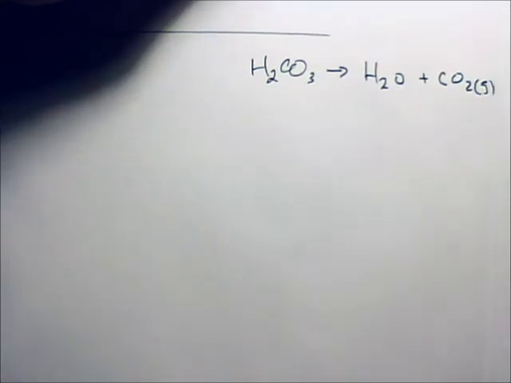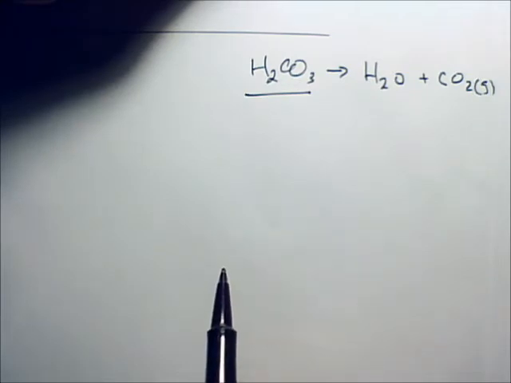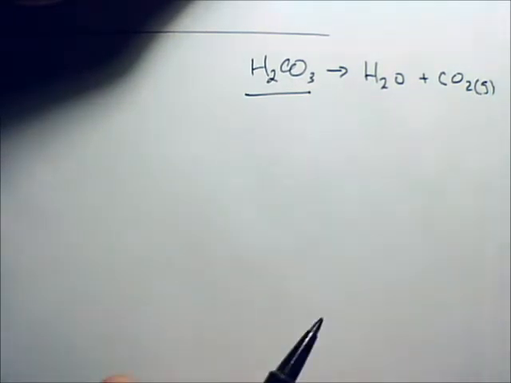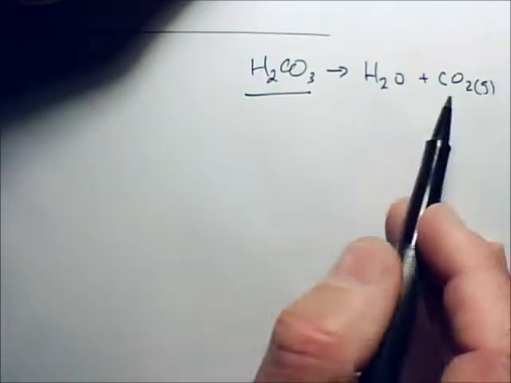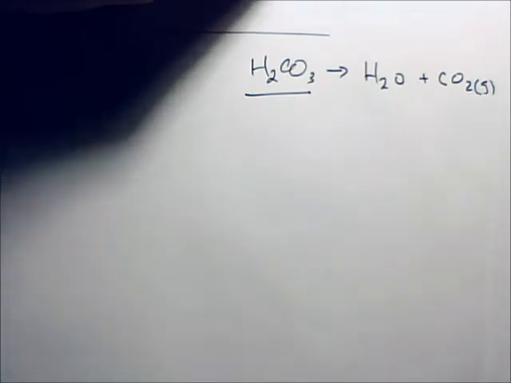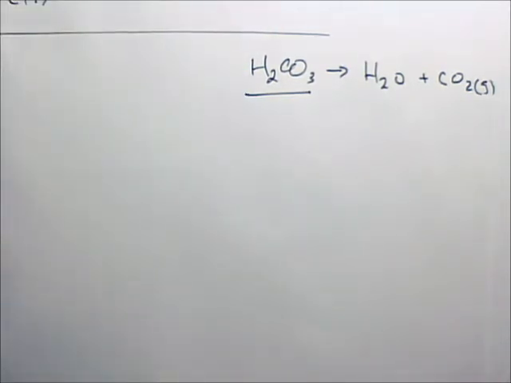So the formation of H2CO3 doesn't appear immediately to have a driving force, but since it breaks down automatically, in essence, it does give a driving force to the reaction. Does that make sense? Anybody confused by that?